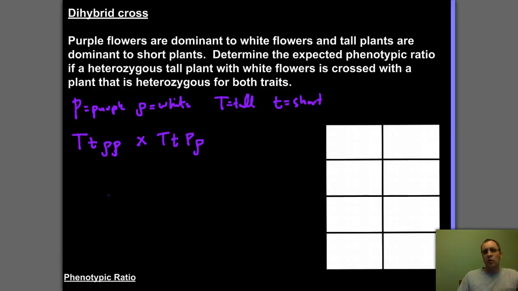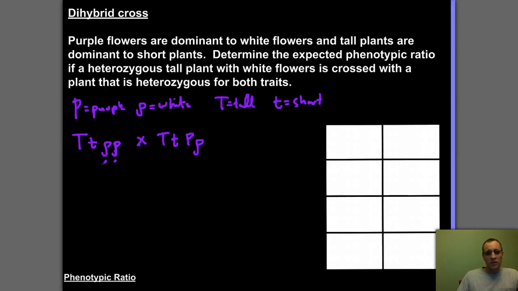Now we need to think about what are the possible gametes the plants could produce. We know that a gamete is only going to contain one of the two alleles you have for a given trait. So it's either going to contain this little p or this little p.